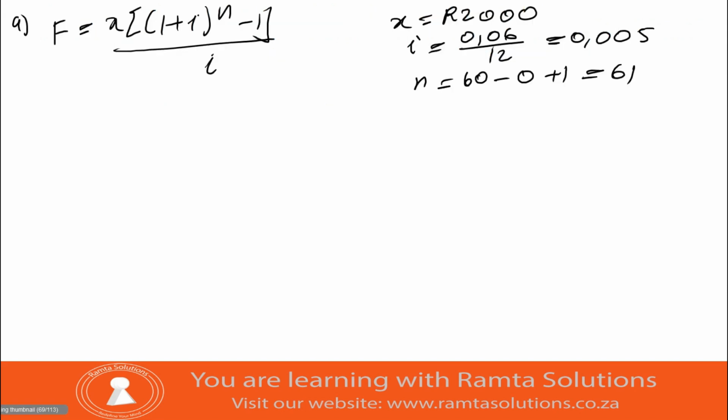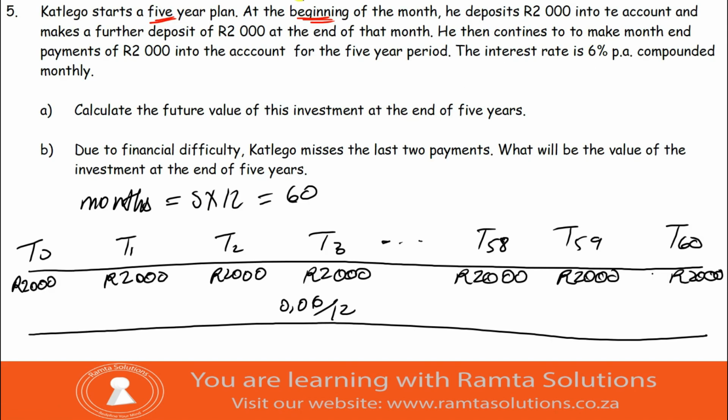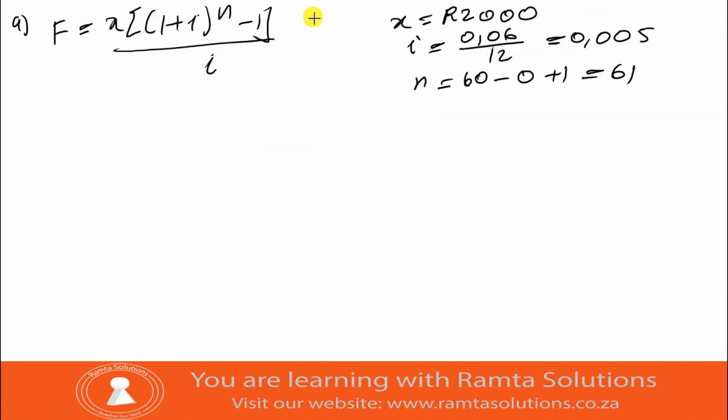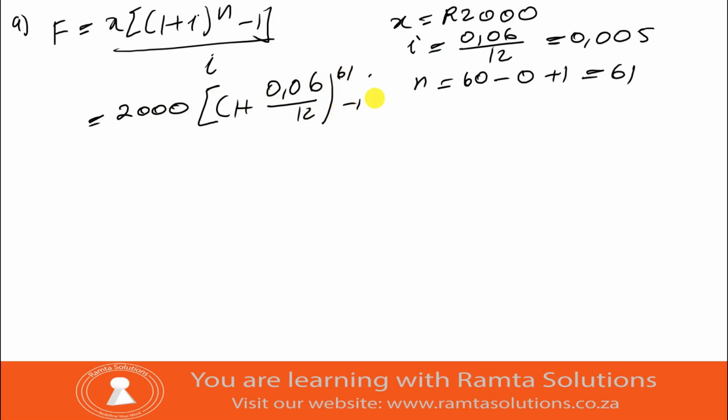We said the interest is 6% per annum compounded monthly. So this is 2,000 rands into 1 plus 0.06 over 12, to the power 61, minus 1, all over 0.06 over 12. Now let's get the future value.